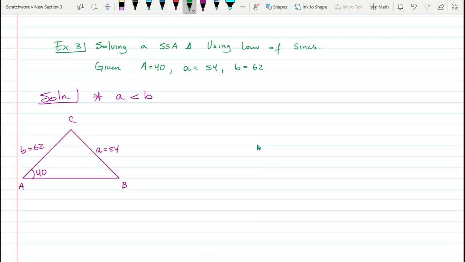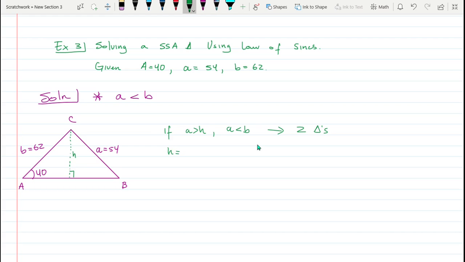So let's talk about the height. We said that if A is greater than H, but A is less than B, this means that there's two triangles. So let's figure out H.